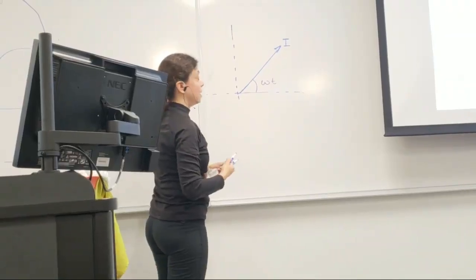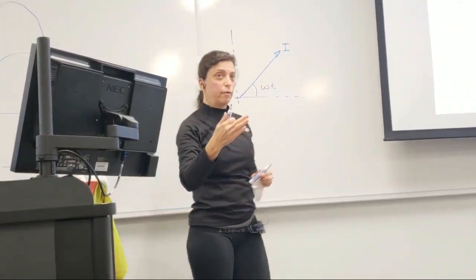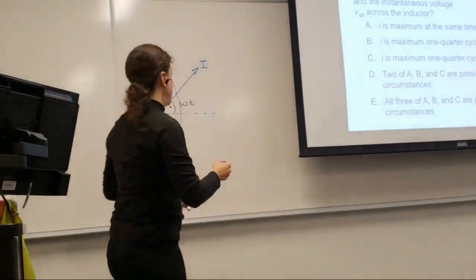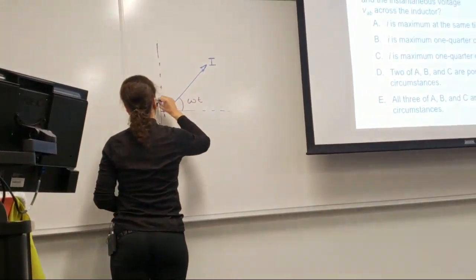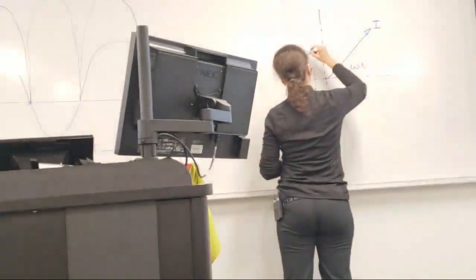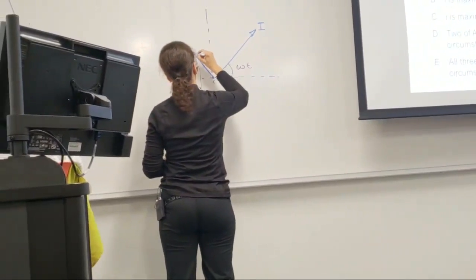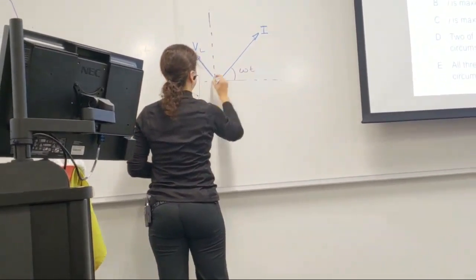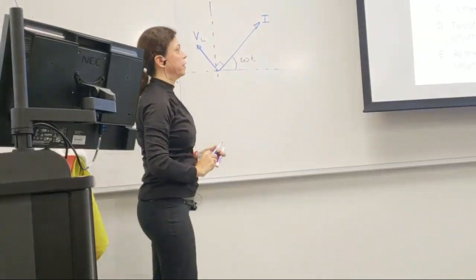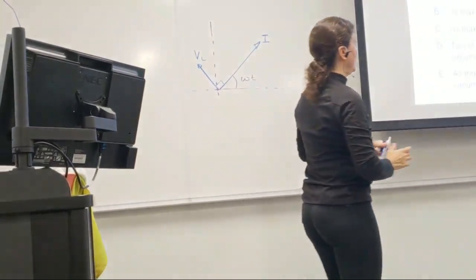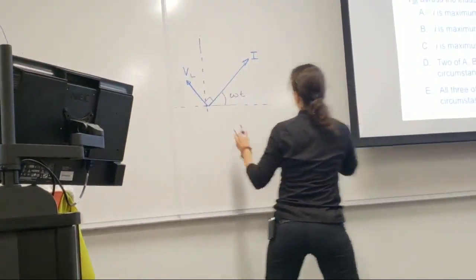Then we just learned that the voltage across the inductor is 90 degrees from the current. No, that's the voltage across the inductor. And that has to be 90 degrees.